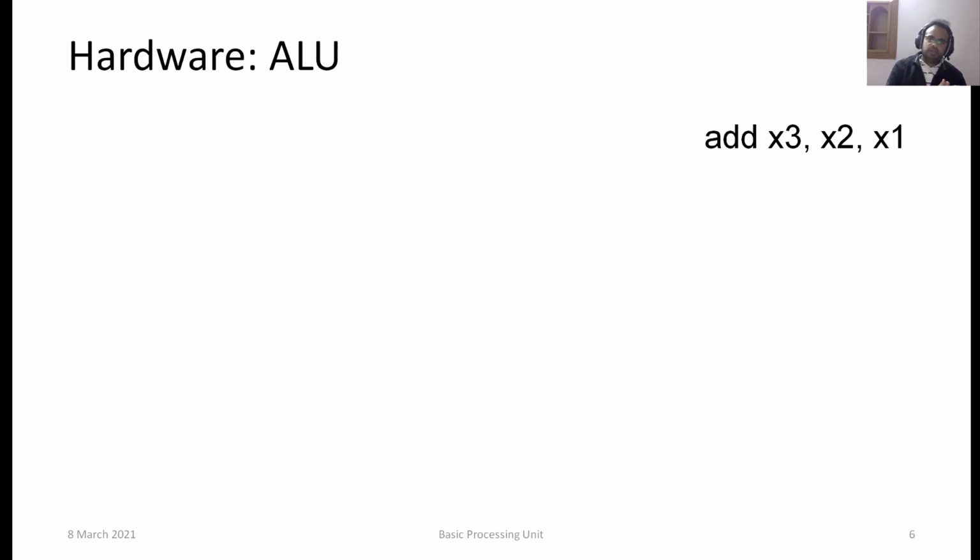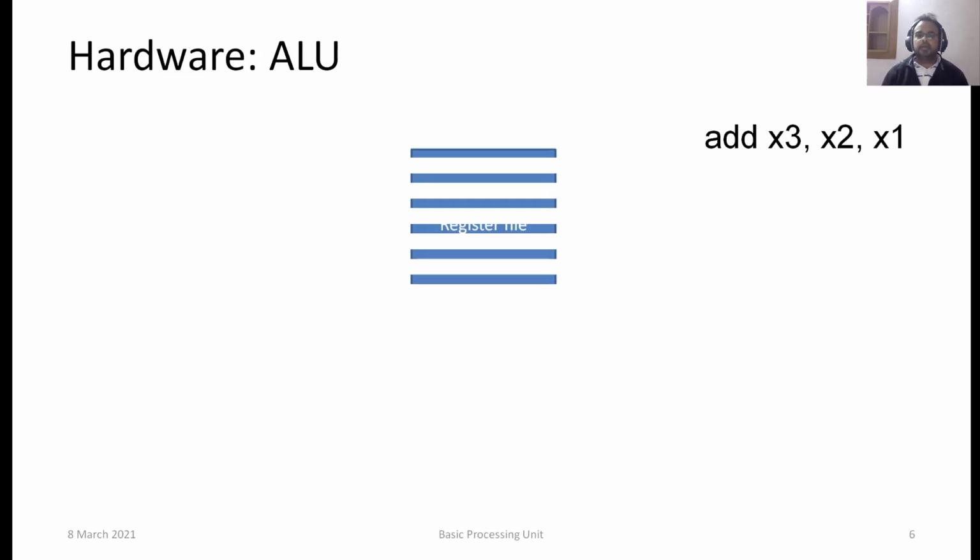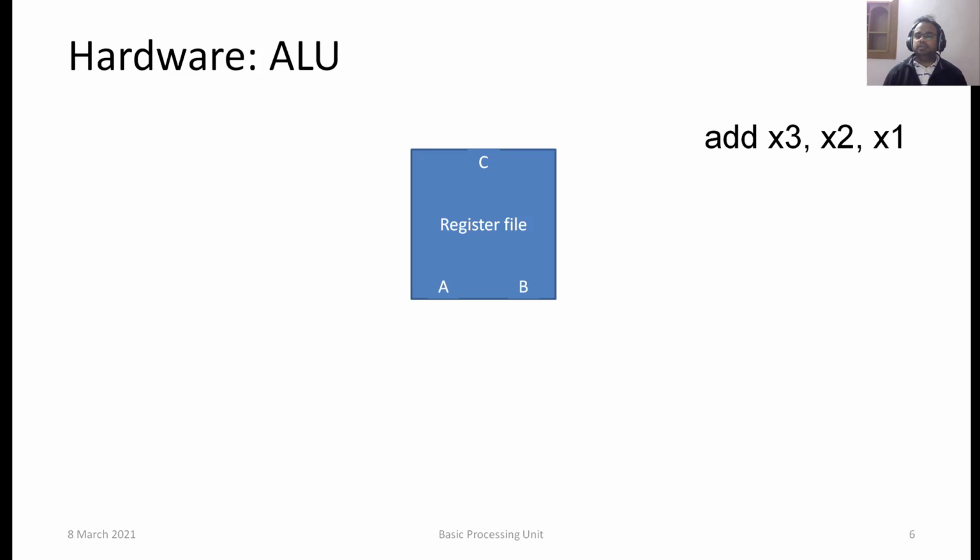Now we have the register file and the ALU. Let us consider a single instruction, add x3 x2 x1, the simple add instruction from Lec2, and see how it gets executed. The register file we have has 2 output ports and 1 input port along with the clock.